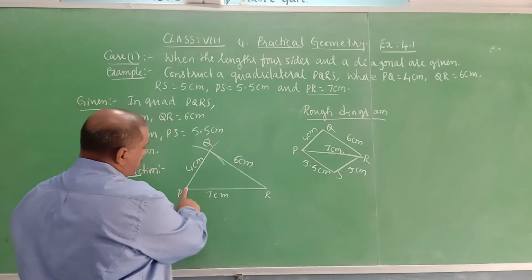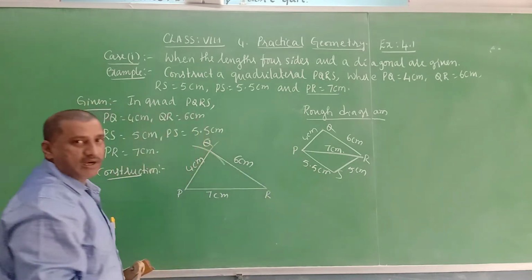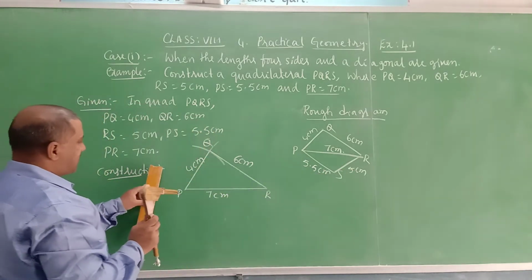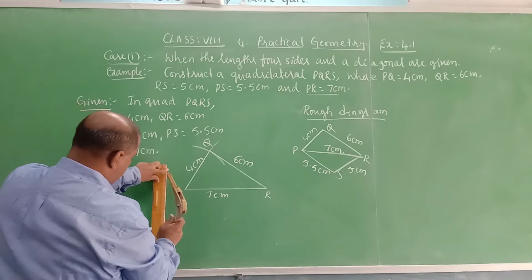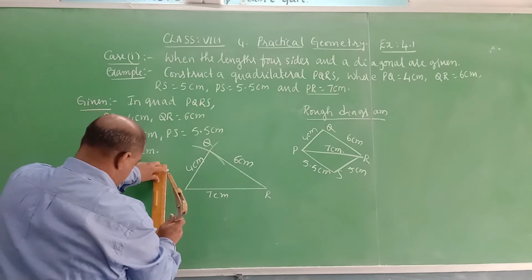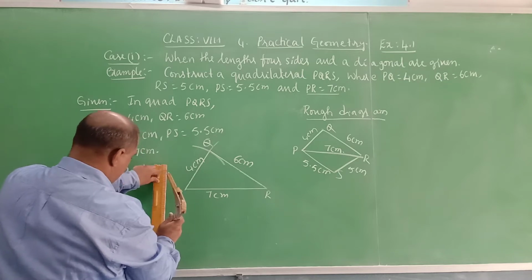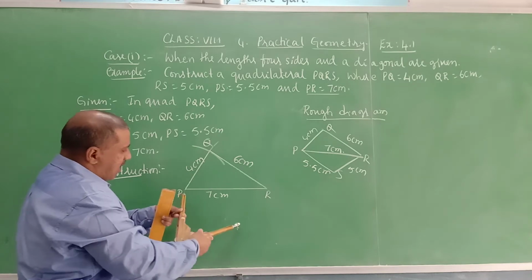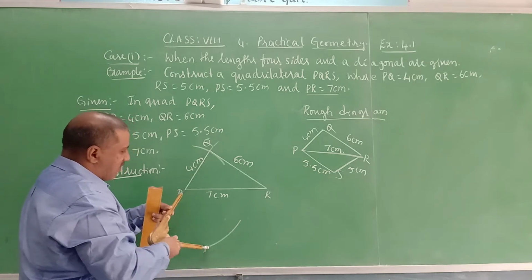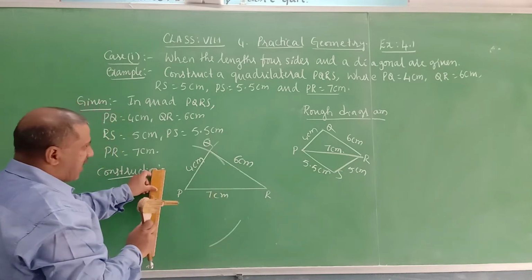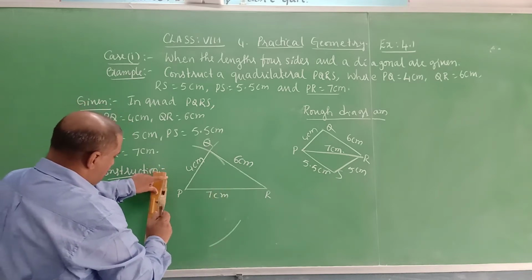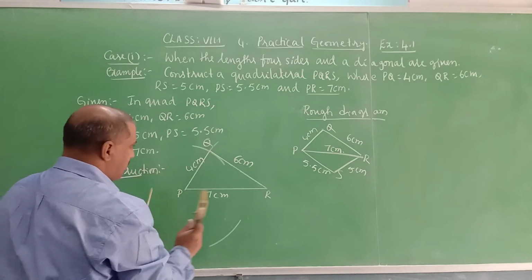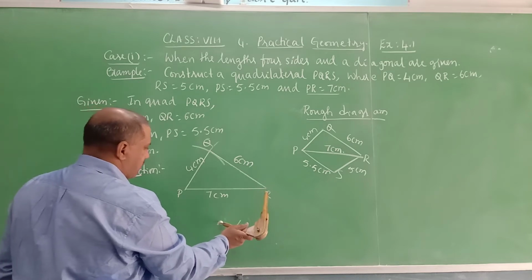Point S is down. So from point P, draw an arc of radius 5.5 centimeters, and from point R, draw an arc of radius 5 centimeters. This will give you 5.5 centimeters. Similarly, from point R, draw an arc of radius 5 centimeters, and cut the previous arc.